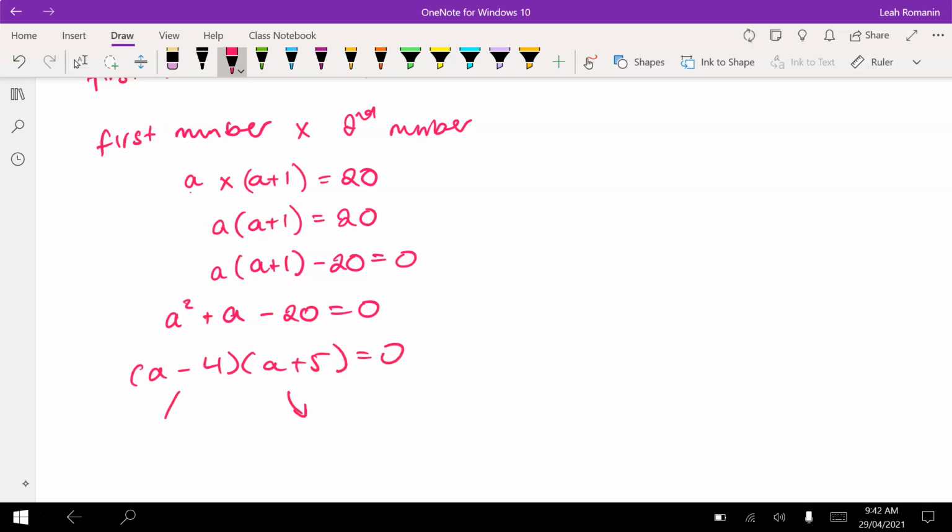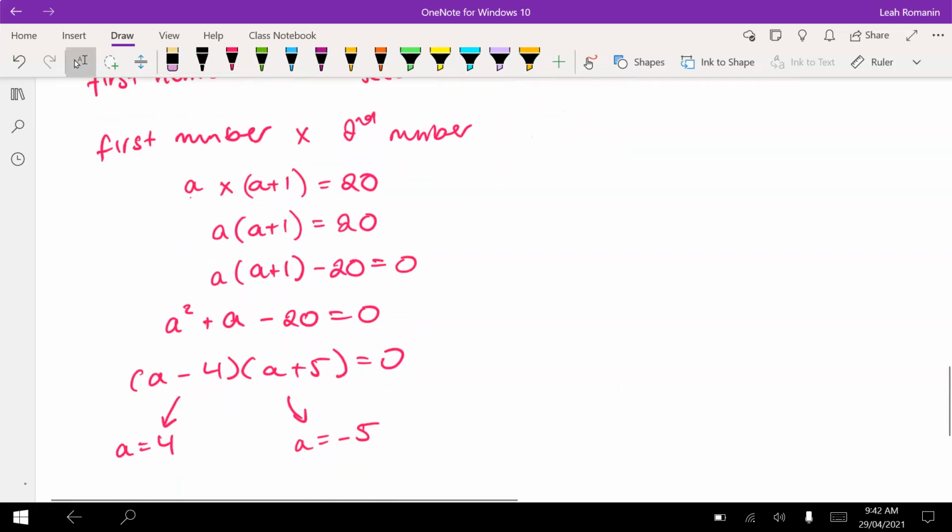Applying my null factor law, this bracket is going to get me that A equals 4, and this bracket here is going to get me that A is equal to negative 5. That does not mean that my two numbers are 4 and negative 5. That means that my two solutions for A are 4 and negative 5. That's not my answer. So that means that I have two situations where this is correct.